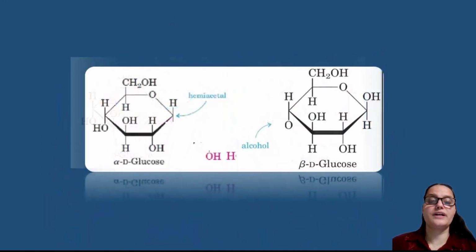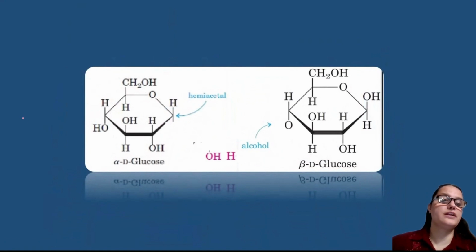So they are going to interact with one another. OH from here and H from here are lost. They have been removed. Each of these glucose molecules has played its part well. And now what is going to happen next?